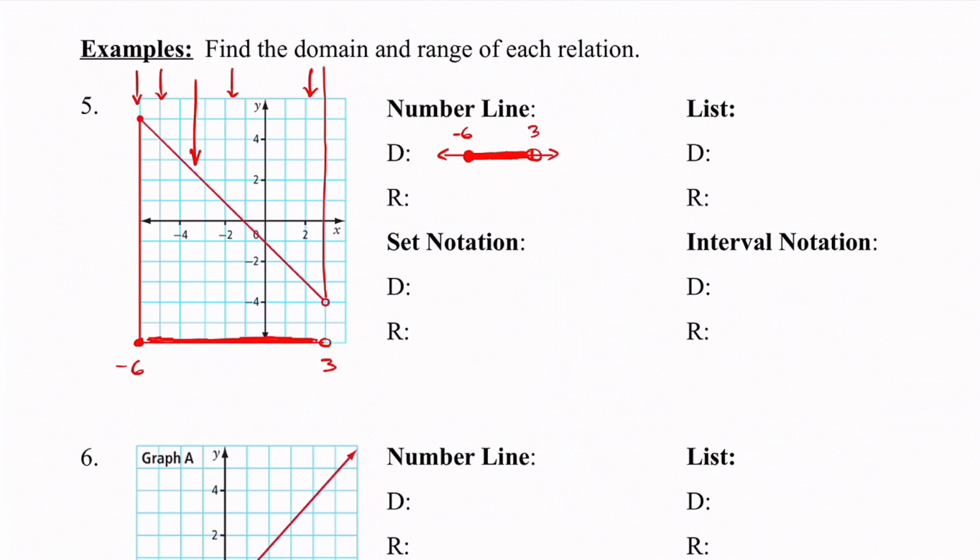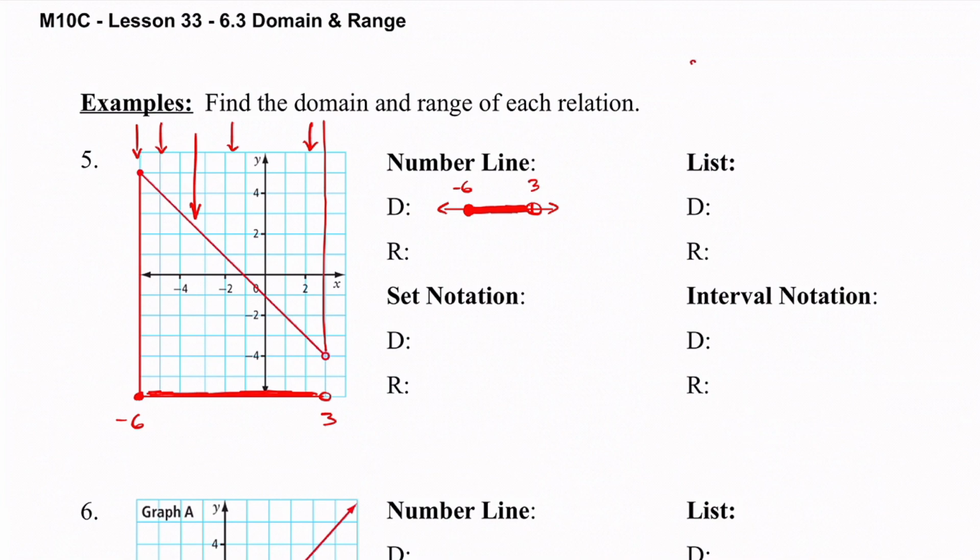Okay, so I'm just going to write up here at the top, solid dot. This is going to include the point. Okay, and then another way to think of that is it has a shadow. And then if you have an open dot, that means it excludes the point. And there's no shadow.